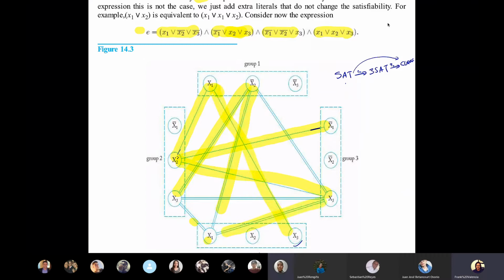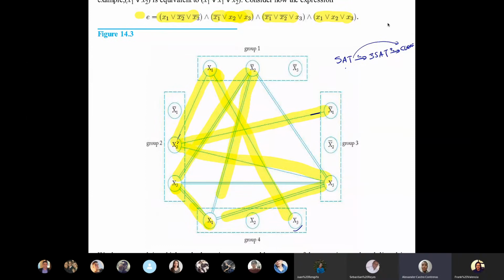Teacher, why can we connect x2 in group 2 with the negation of x3 in group 1?